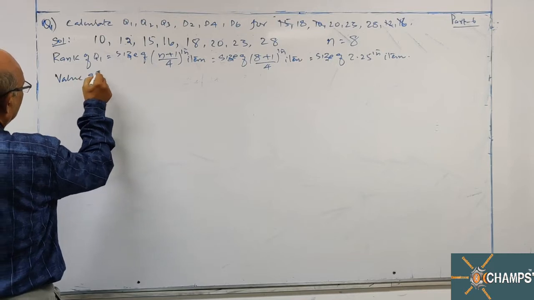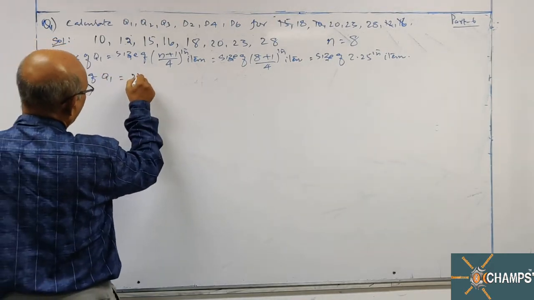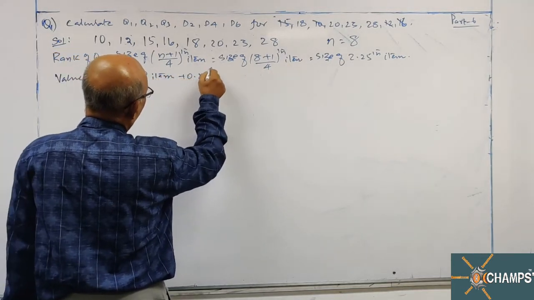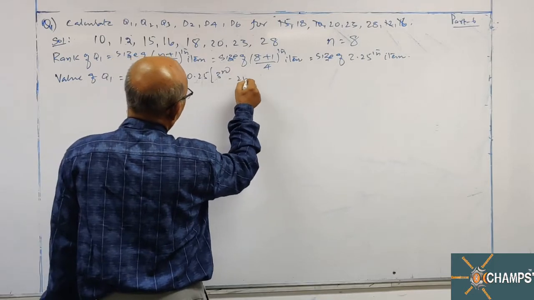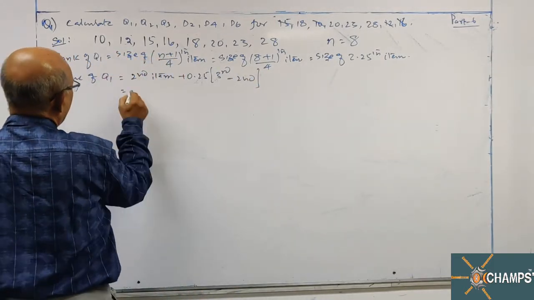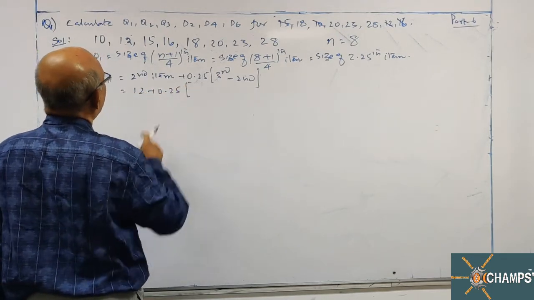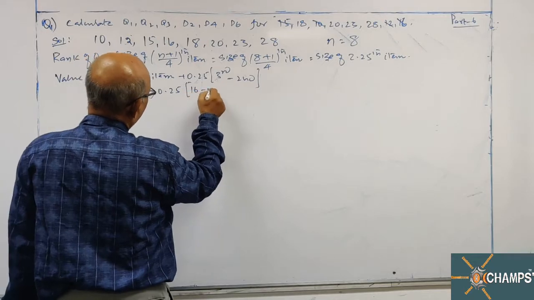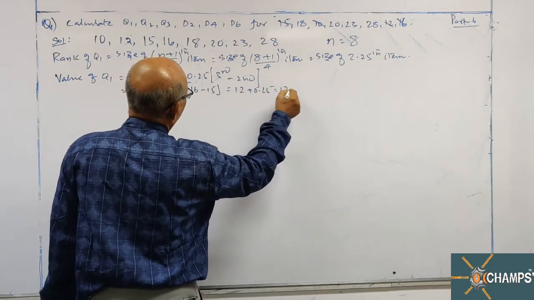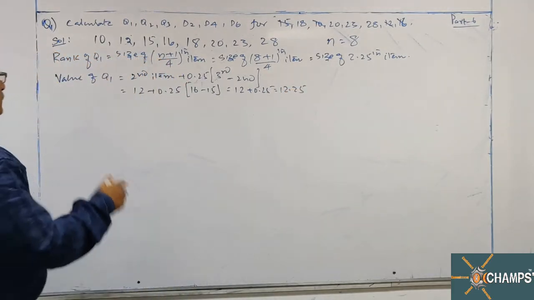Value of Q1 is equal to the integral part, the second item, plus 0.25 into (third minus second). Second item is 12. 0.25 into (third minus second), 16 minus 15. 12 plus 0.25, this is 12.25. This is the value of Q1.